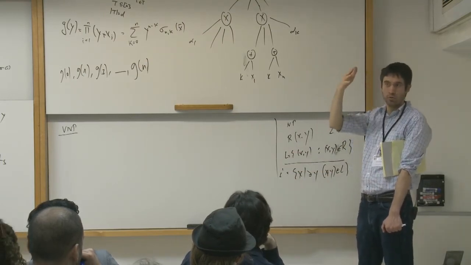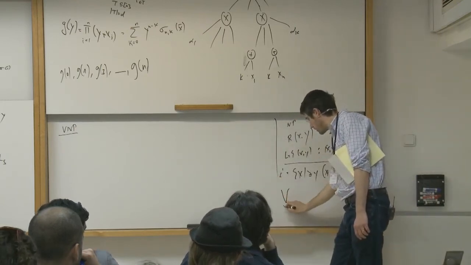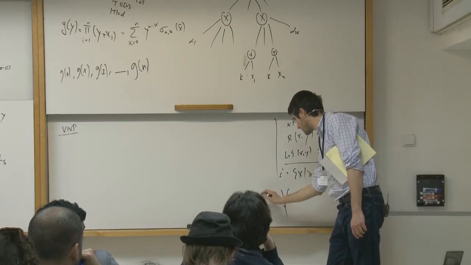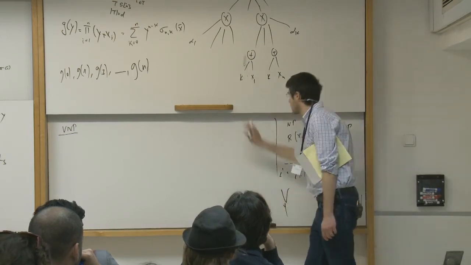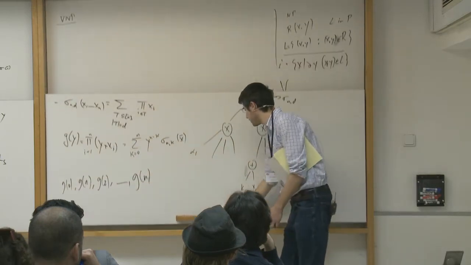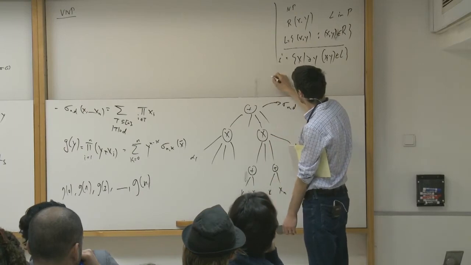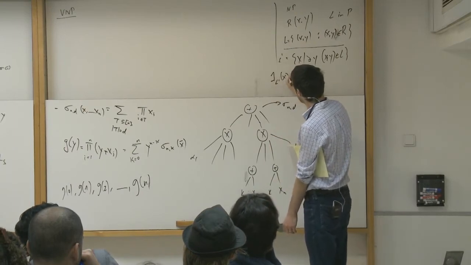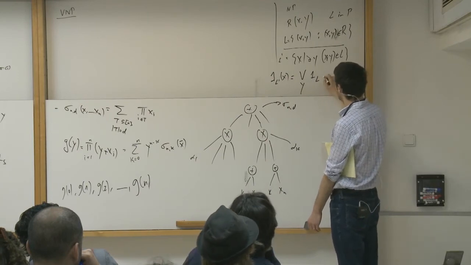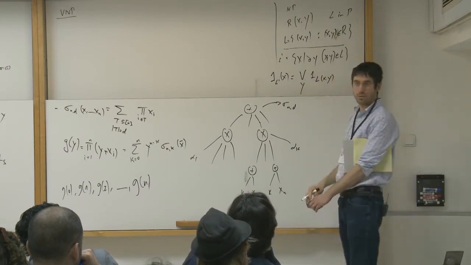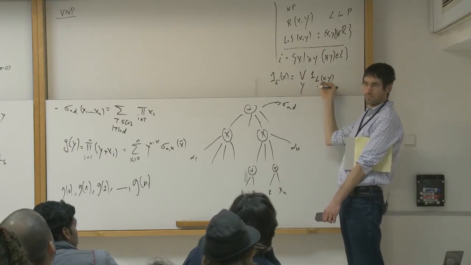So you do an OR over all y's. You can think about it as the characteristic function of L prime at the input x, which is just the OR over all y of the characteristic function of L at xy. So you have this huge OR over something in P.